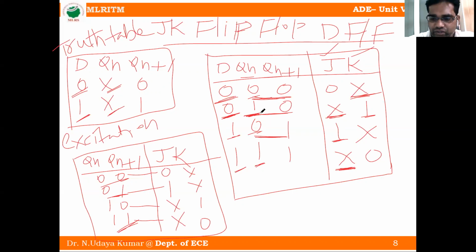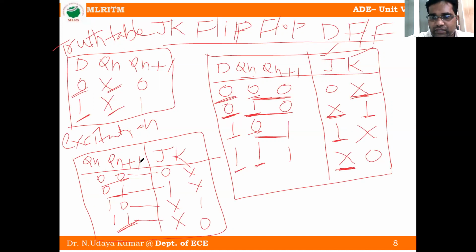So D is equal to 0 and Qn is equal to 1 means we will get it here. Then this don't care: if D is equal to 1 and Qn is equal to 0, we will get don't care. So what is the possibility to map here?